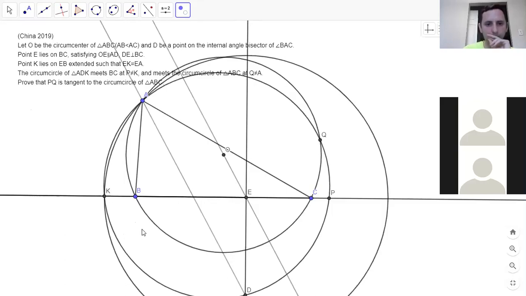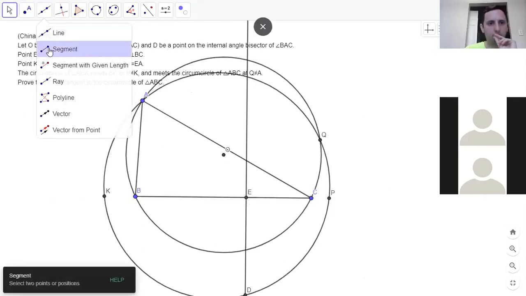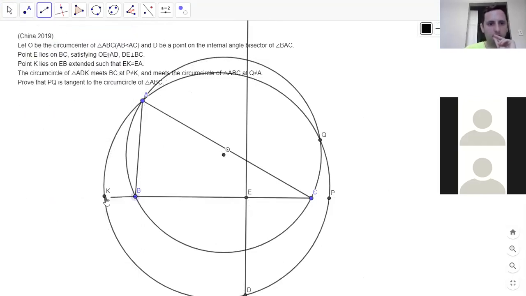I think I want to hide that circle, right? Yeah. All right.